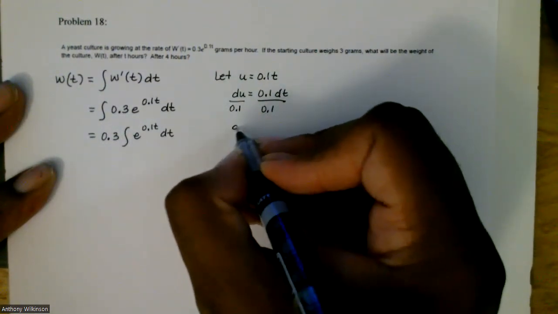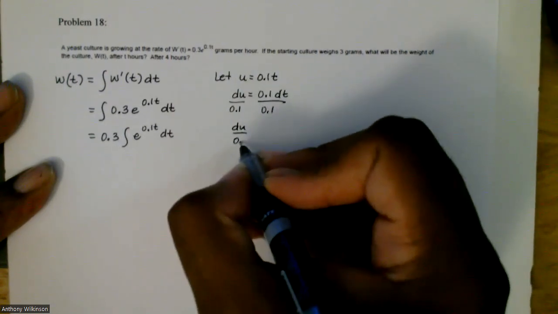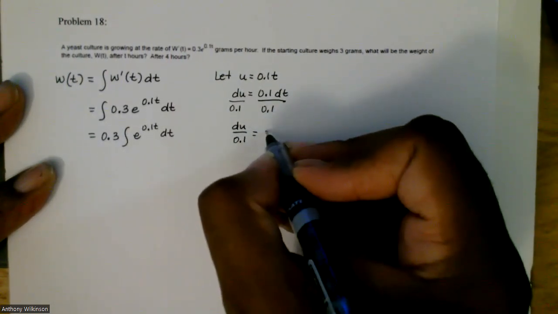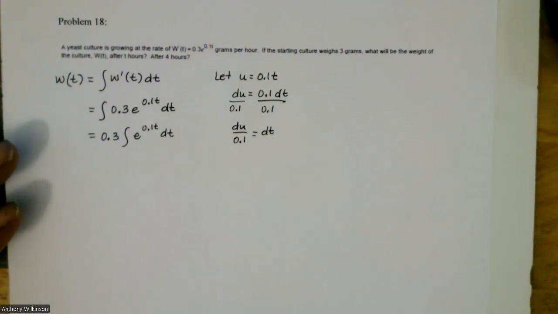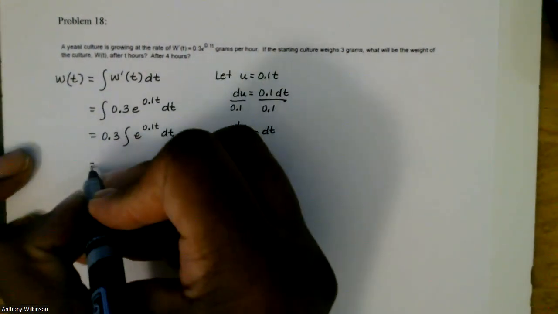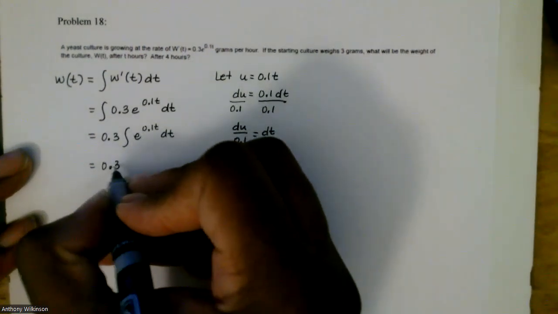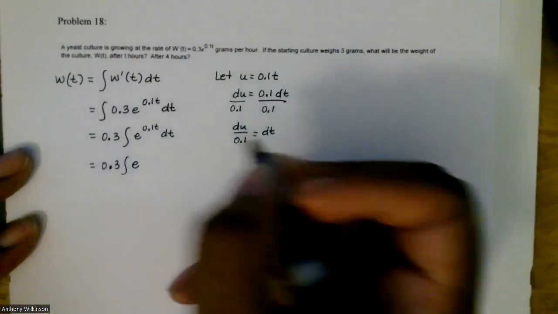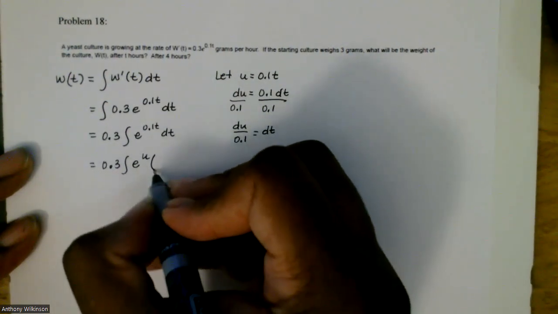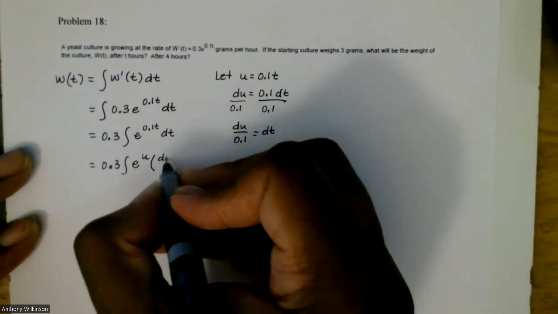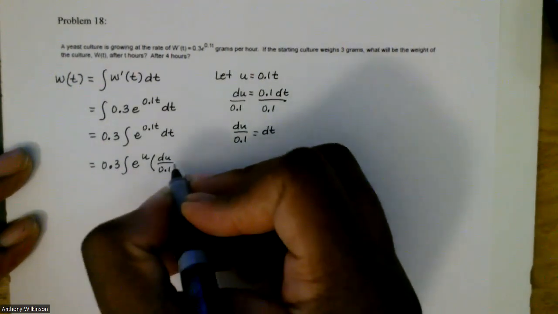So that means du over 0.1 will be equal to just dt. Then we can do our substitution here. So 0.3 times the integral of e to the u, where u is 0.1t, and dt will be that du over 0.1.